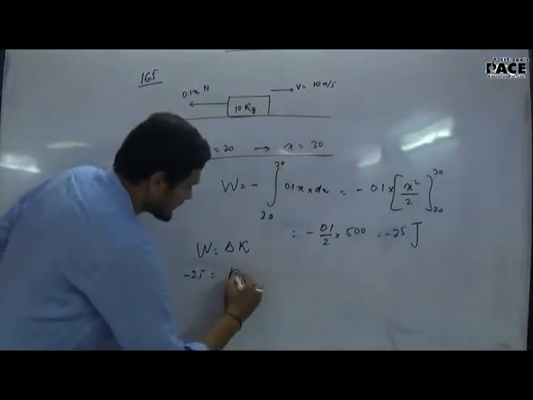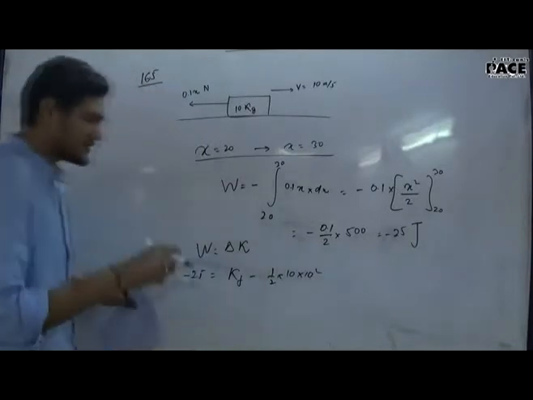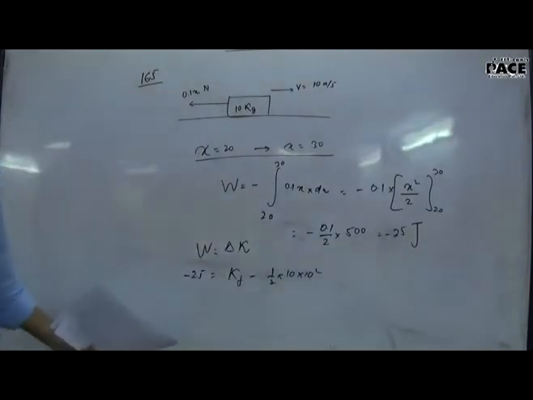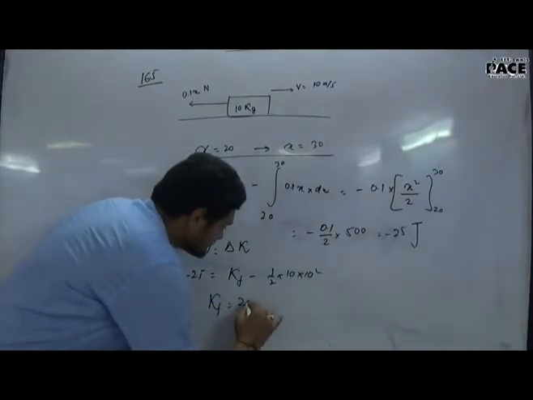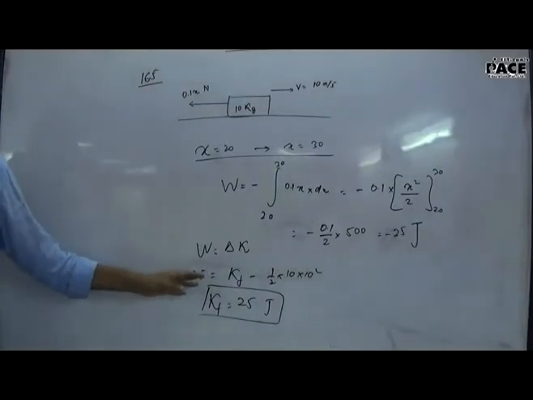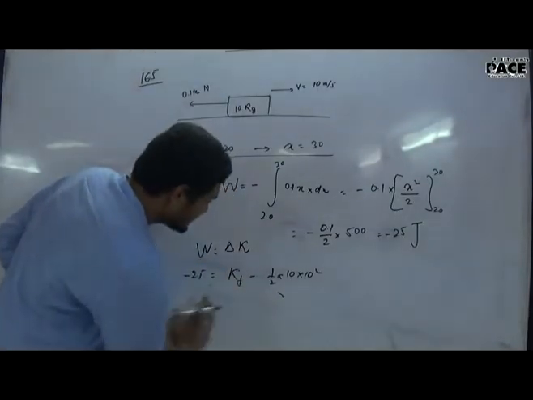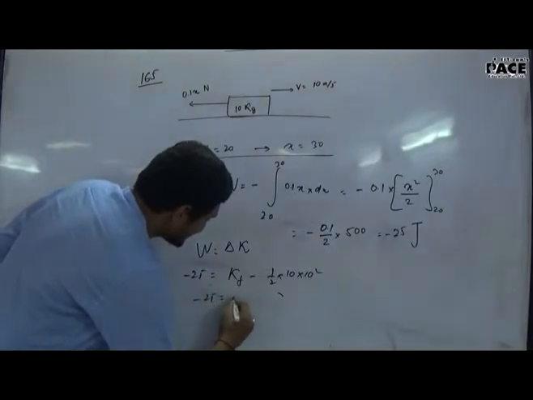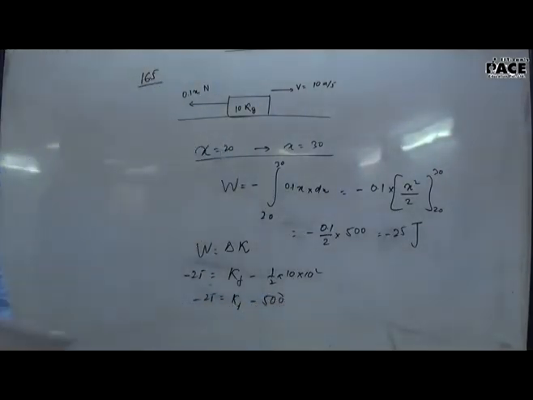So minus 25 equals K final minus 500. Now, K final is 475.